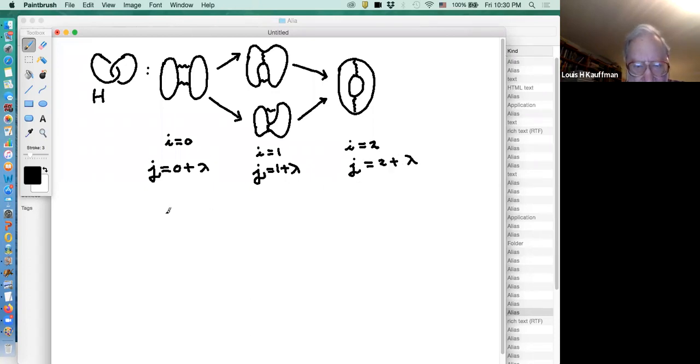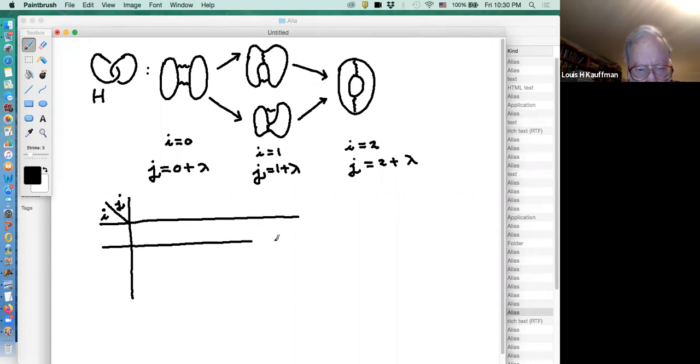And now let's actually display everything that could happen. So I will make a list here of the values of I and the values of j. The values of I are 0, 1, and 2.